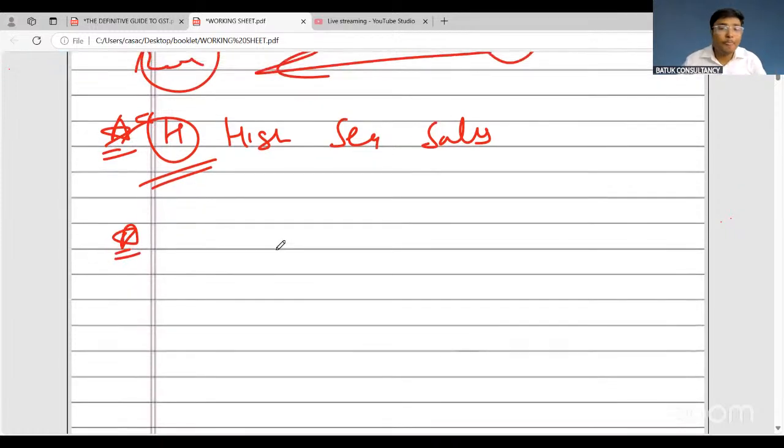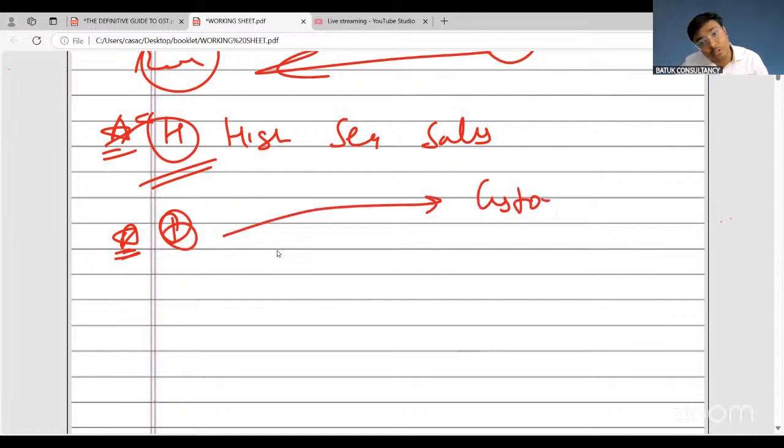Now, next, very important. High sea sales done. Whenever we are going to import something, first of all, that goods is going to be stored in the custom bonded warehouse. Am I right? Whenever we import something, first the goods come to the custom bonded warehouse.